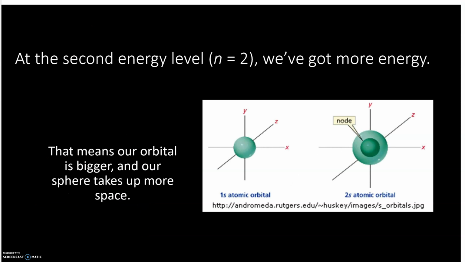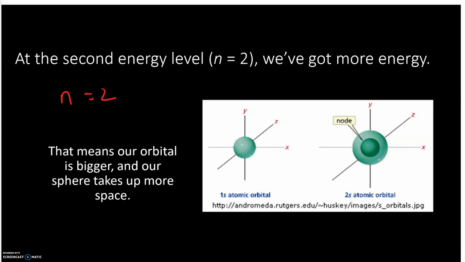Now we're on the second energy level, n equals 2. Because we are higher up, we have more room, more space. So we have an s orbital, and of course it is spherical, just like the one in the first energy level, but it's bigger. Here is our 1s, and here is the 1s here.